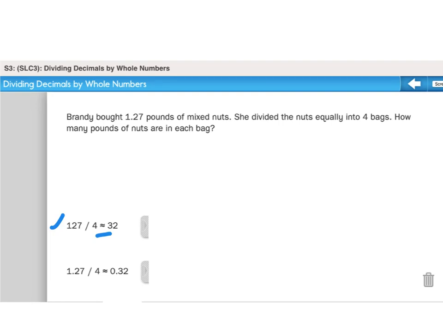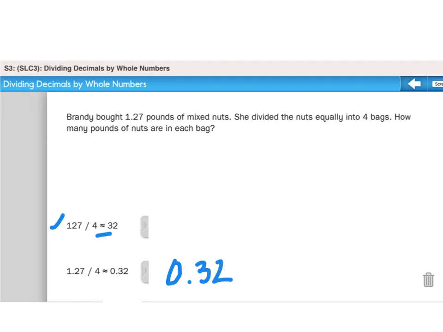Where should we place the decimal point to find our answer? Well, our estimate for 1.27 divided by 4 was 1/4, so we know that the answer has to be less than 1. That means I need to place the decimal point in front of the 3 in 32 to make it 0.32, like they did here.